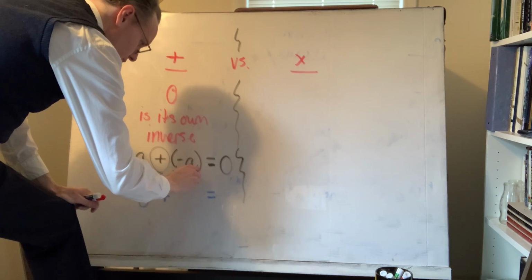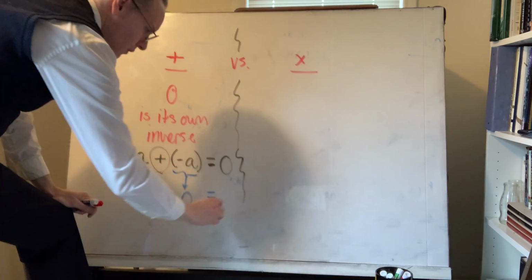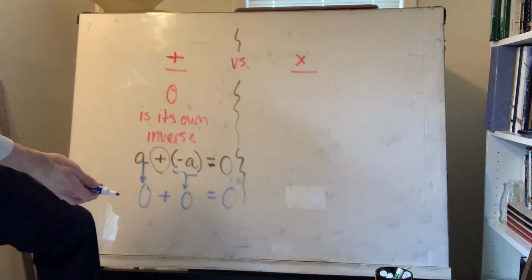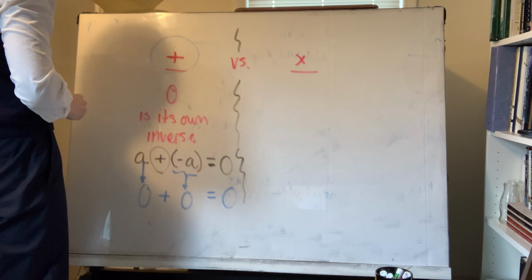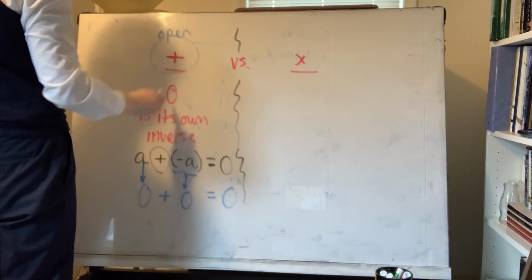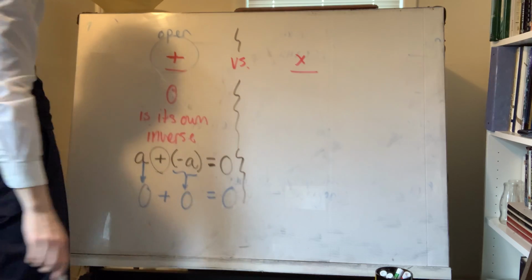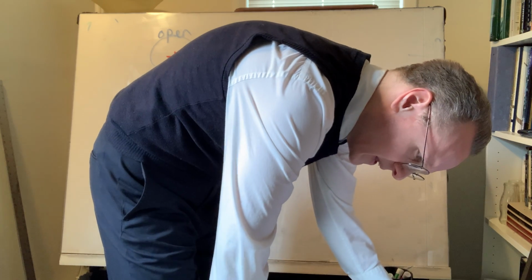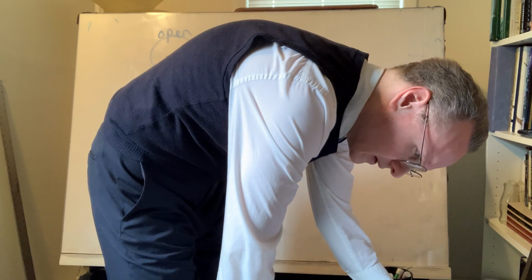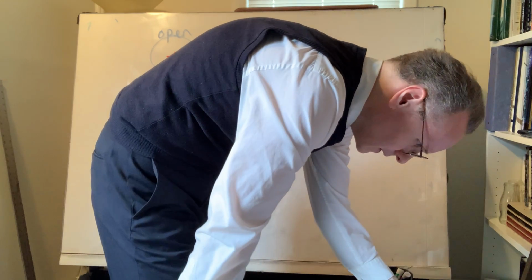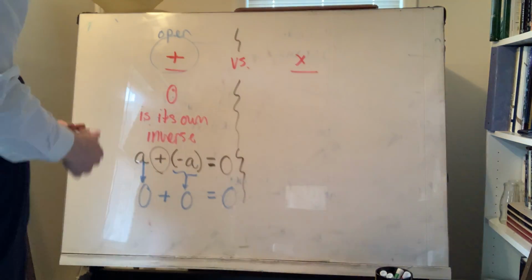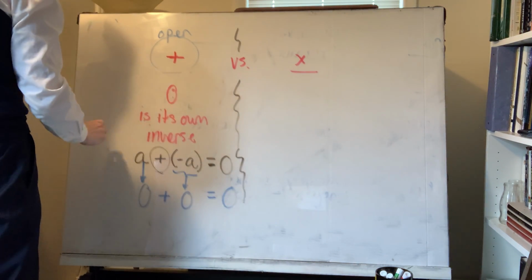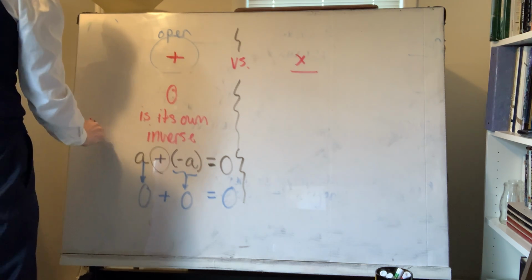Let's see if this relationship is true. Would 0 plus 0 be 0? It would. So that was kind of an awkward way of thinking. When it comes to the operation of addition, just realize that 0 is its own inverse, its own additive inverse.